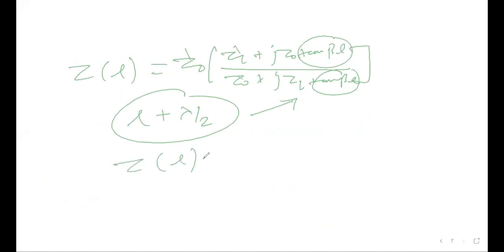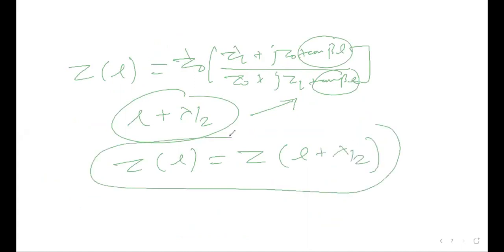That means Z of L equals Z of L plus lambda by 2. This is the conclusion: at every lambda by 2 interval, the impedance of the line remains same.